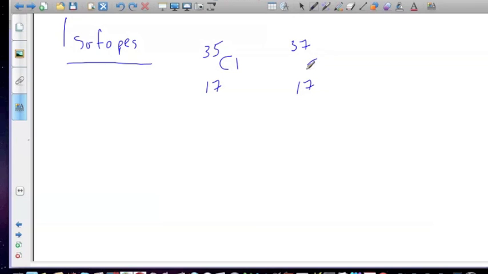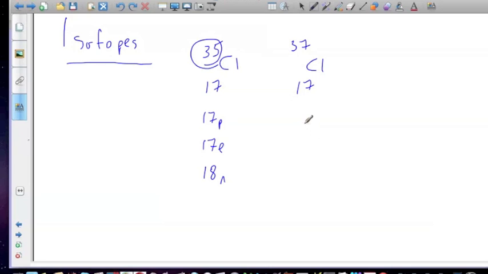So the reason why chlorine is 35.5, and that's a good example to use, is that there are two isotopes of chlorine. Isotopes are atoms of the same element with different numbers of neutrons. So this isotope of chlorine, number 35, has 17 protons, 17 electrons, and 18 neutrons.